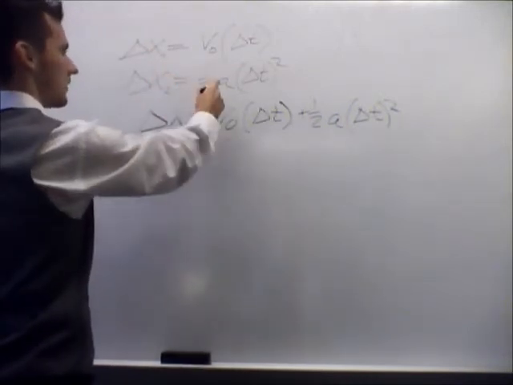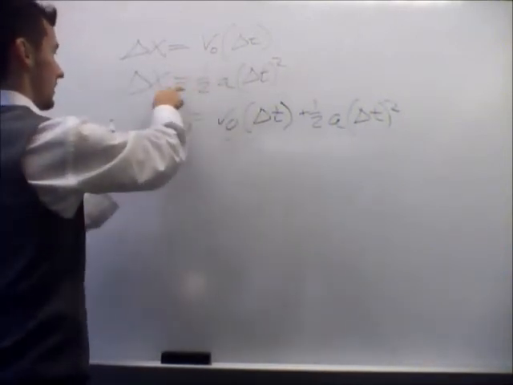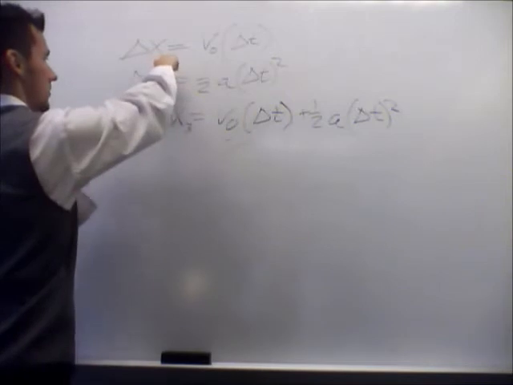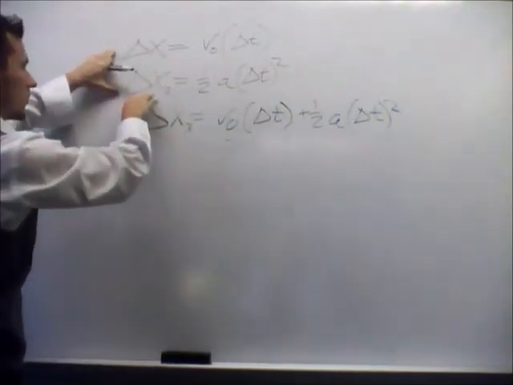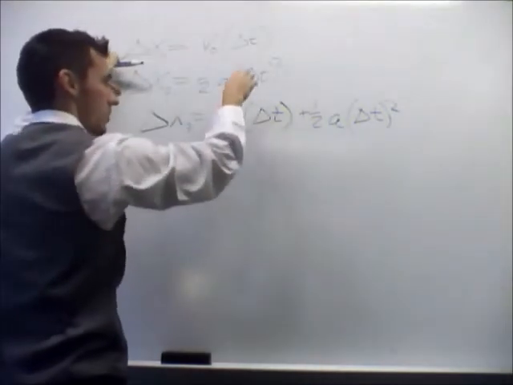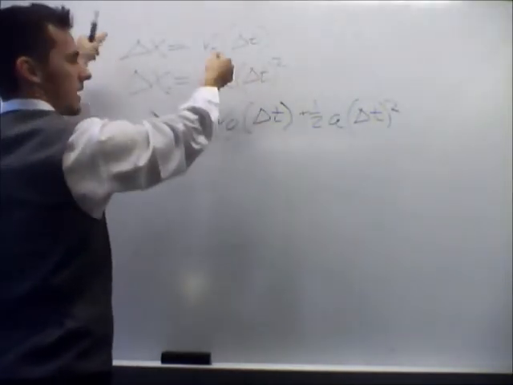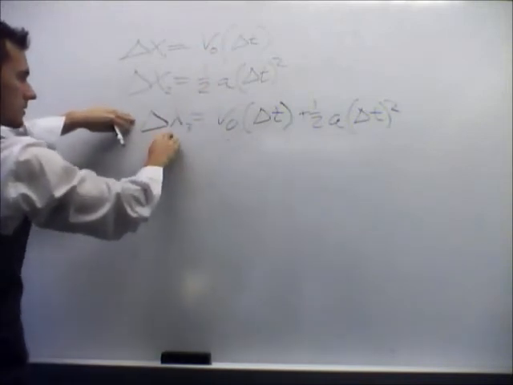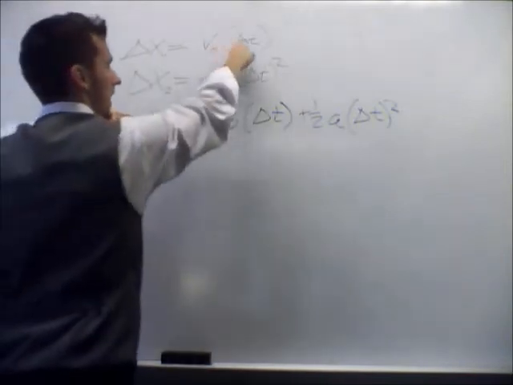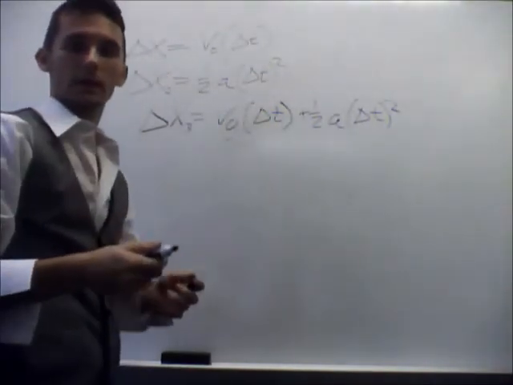However, this one does not deal with a starting velocity, and because these two are different, we want to put them together so we have an equation that has both acceleration and velocity. The way we do that is we just add them together, and we're left with a new delta x that has both of these components. And we're left with this, the second kinematic equation.